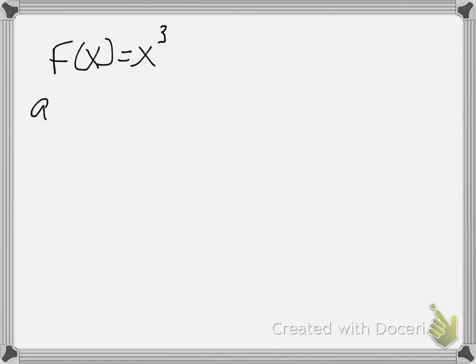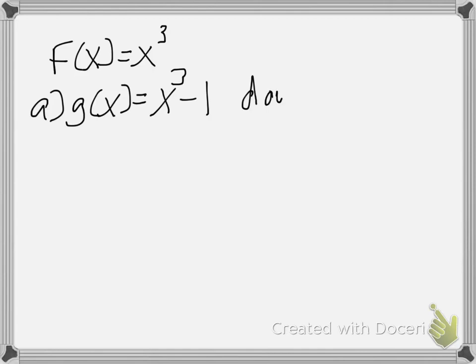So in A, we have g of x equals x cubed minus 1. Okay, guys, outside the function, on nothing in front of it or anything like that, usually behind it. It can be in front, but usually it's behind. This one's straightforward. Every one of you should realize that this is just a down 1, and that's the only transformation.